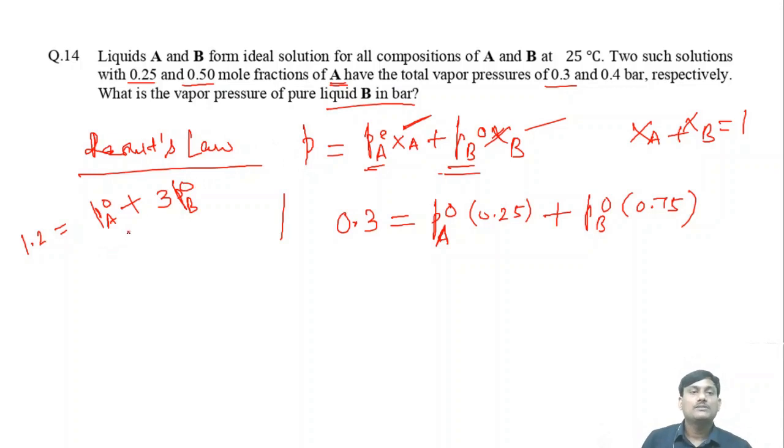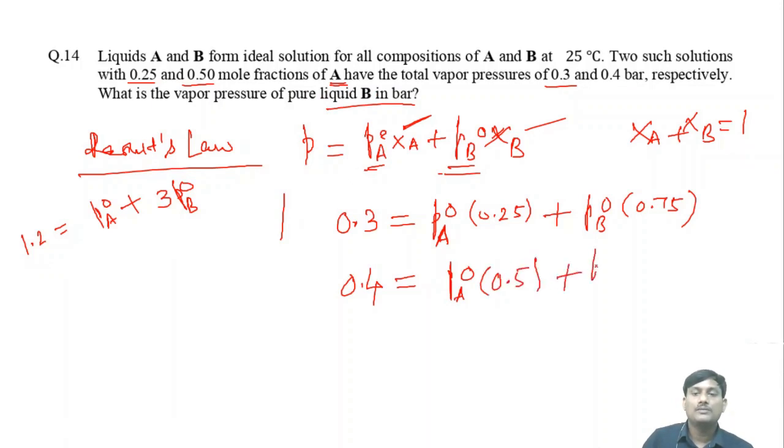According to the first solution, when you apply Raoult's law to the first solution, you will get this equation. When you take the second, what is the total vapor pressure? 0.4 is equal to 0.5 PA naught, and the second one also 0.5 PB naught. This one also 0.5, it means 1 by 2.